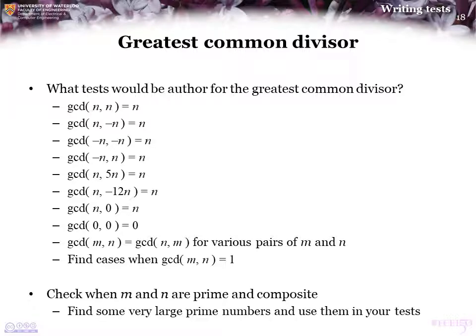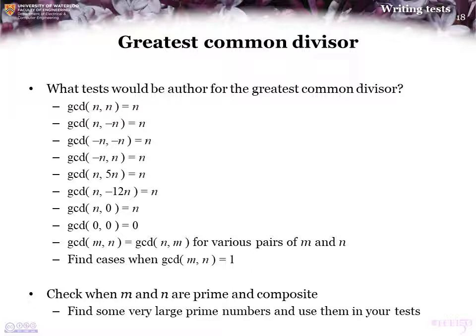In all of the above cases, I'm going to be checking when m and n are both prime and composite. They should be prime, a composite that is the product of two primes, and highly composite numbers such as, say, 2 to the 4 times 3 times 7 squared times 19.